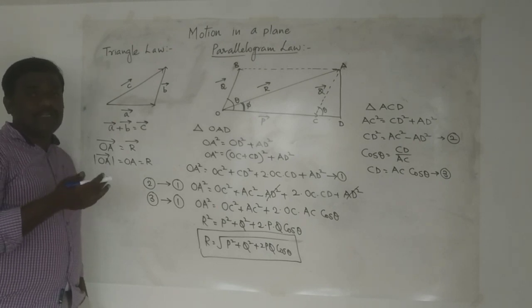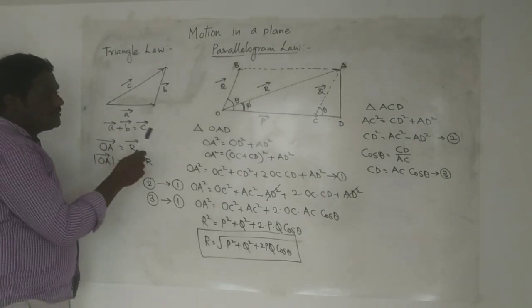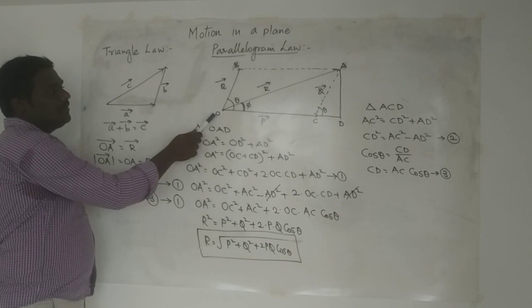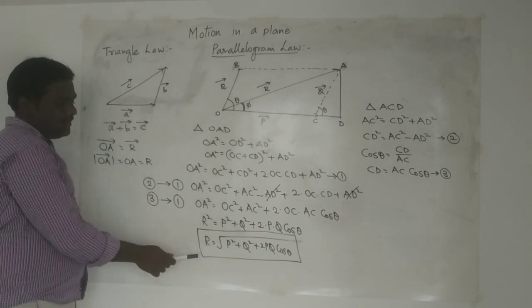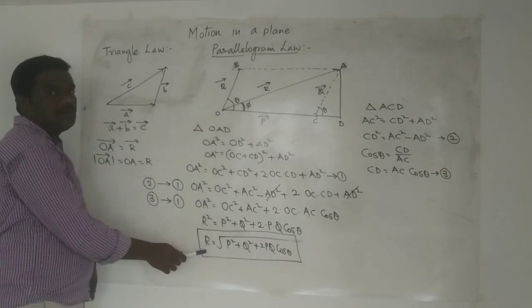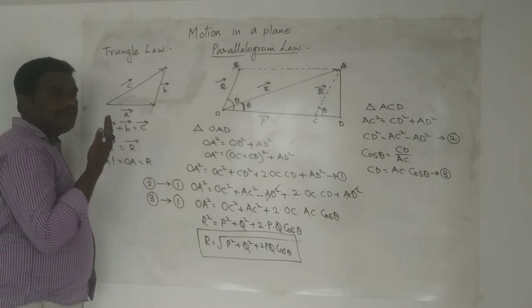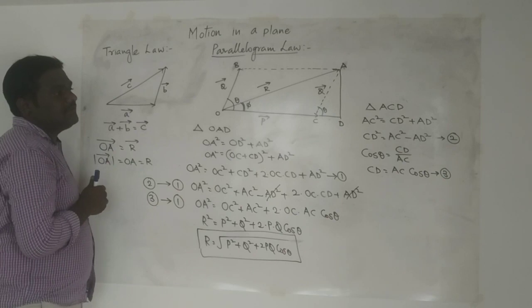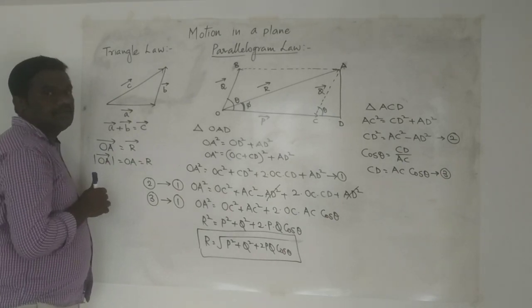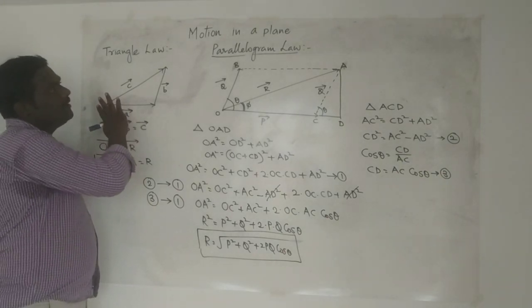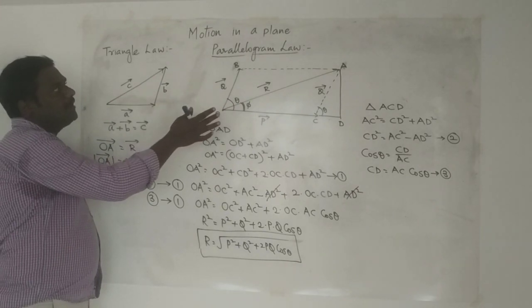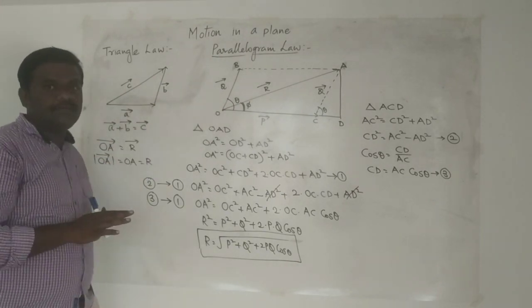The direction I will discuss later. In the triangle law you never get formulas like these where the actual magnitude can be calculated and along which direction the resultant vector is acting. That is the advantage of the parallelogram law over the triangle law.